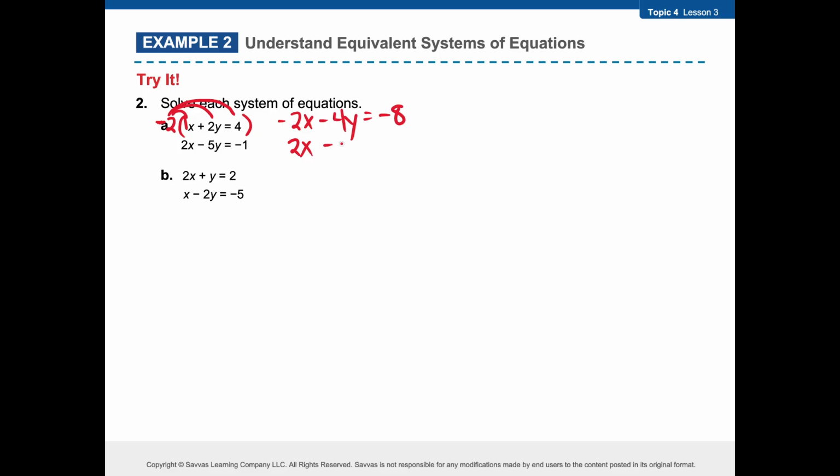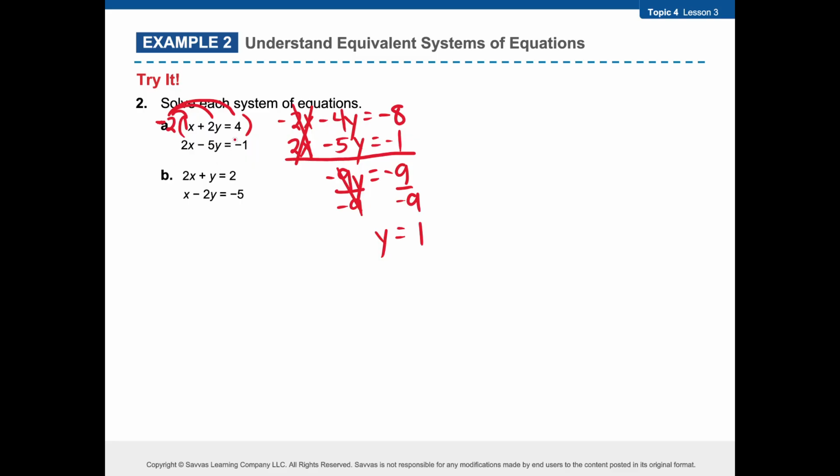The bottom one would stay the same, nothing to change there. So now my x's eliminate, same sign, add and keep the sign. Same thing here, negative 8 minus 1 is also a negative 9. Divide both sides by negative 9 and y becomes a positive 1.